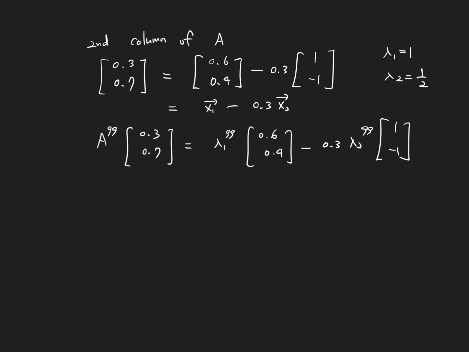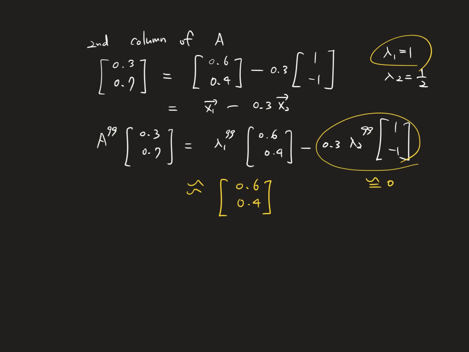And we know that it'll be almost 0. And lambda 1 is equal to 1, we see. And so that's why it'll be 0.6, 0.4.